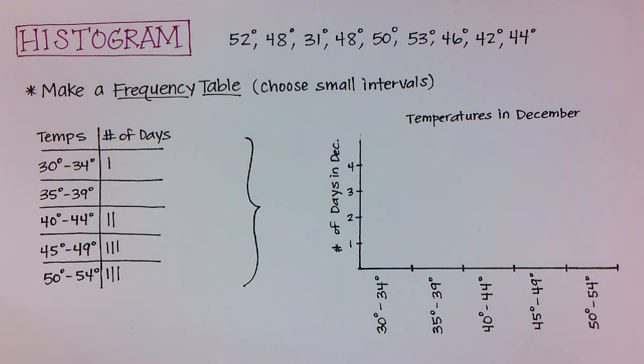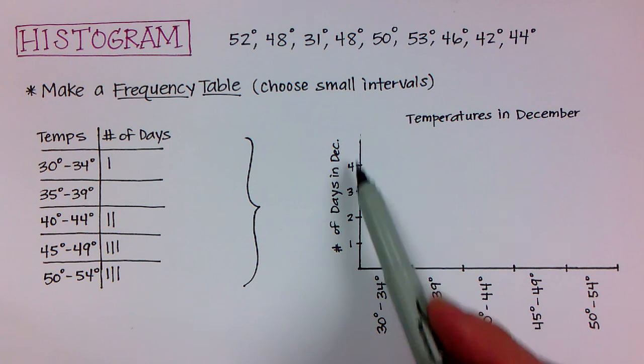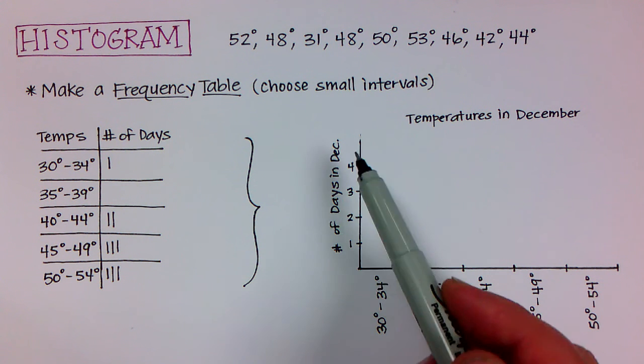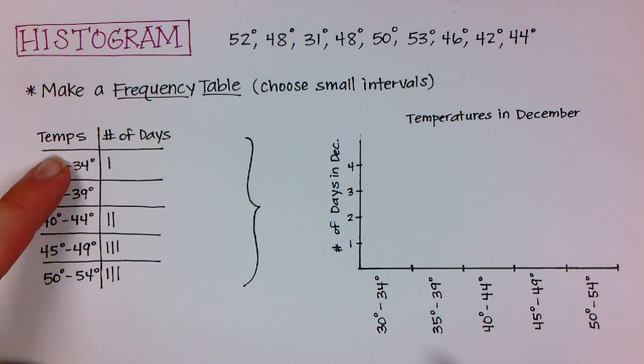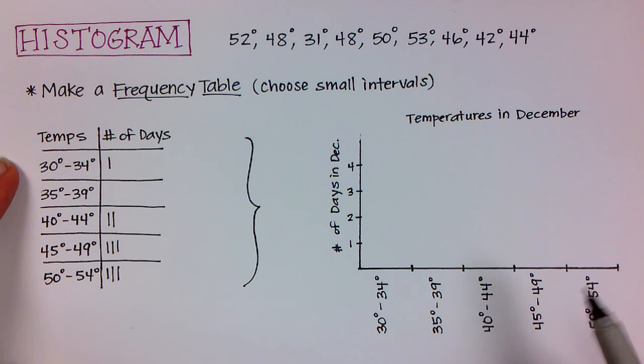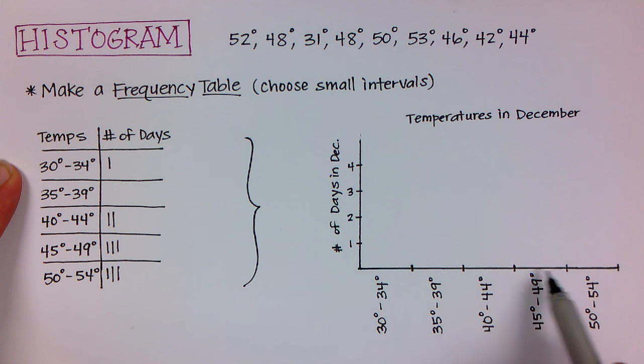So I went ahead and I started to draw the base of what our histogram is going to look like. And so what it's going to be is it's going to be only in the positive quadrant if we were going to graph things. On the bottom, I'm going to put what I had for my intervals. And you'll see here that I made even spaces and I labeled those different intervals.